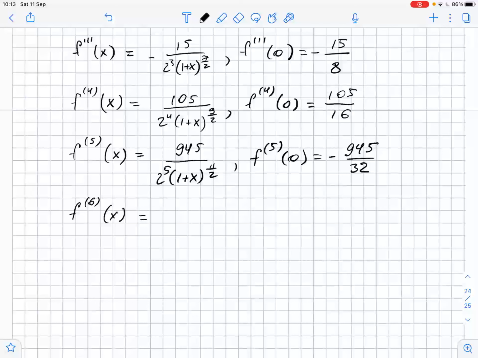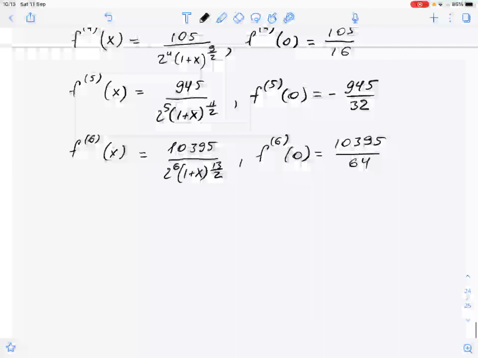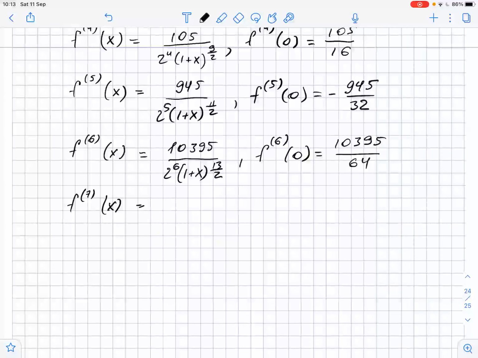The sixth order derivative of f of x equals 10,395 over 2 to the sixth power times 1 plus x to the power of 13 over 2. Then the sixth order derivative of f of 0 equals 10,395 over 64.